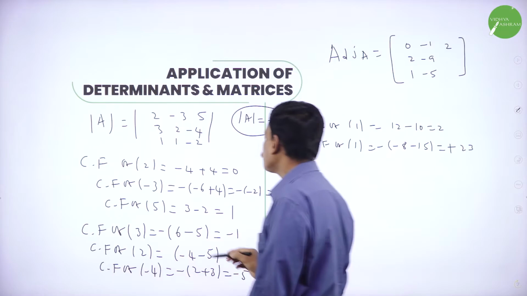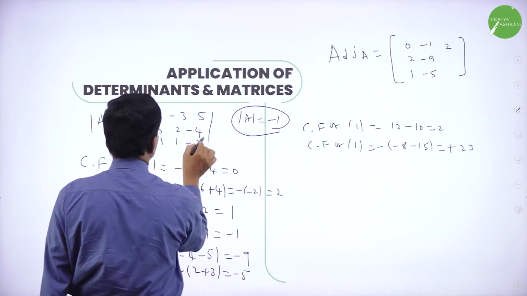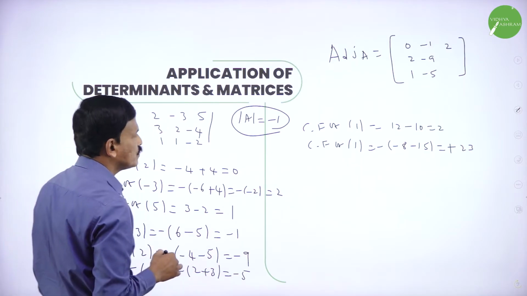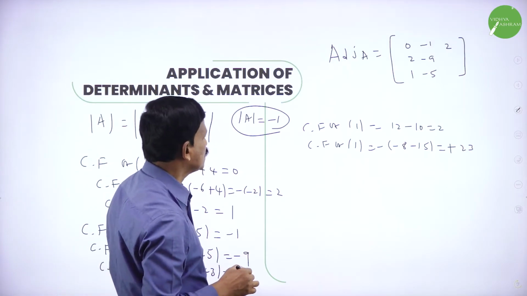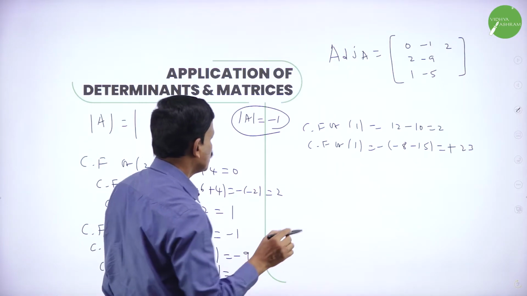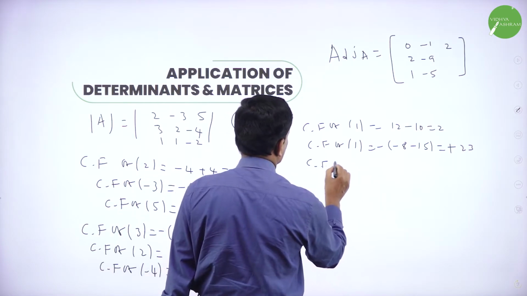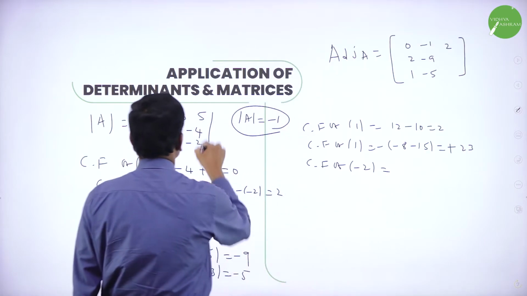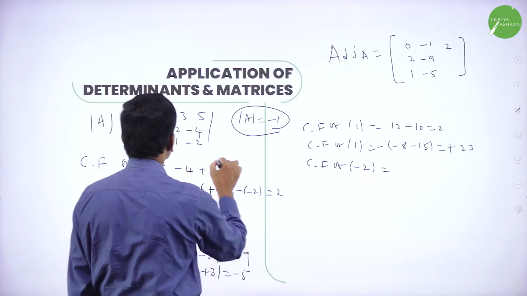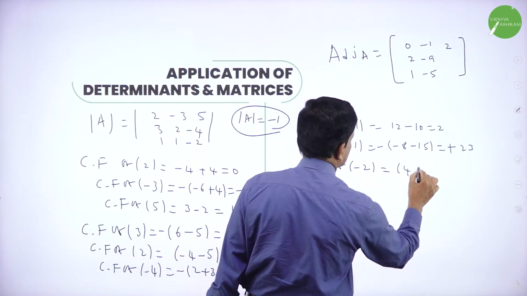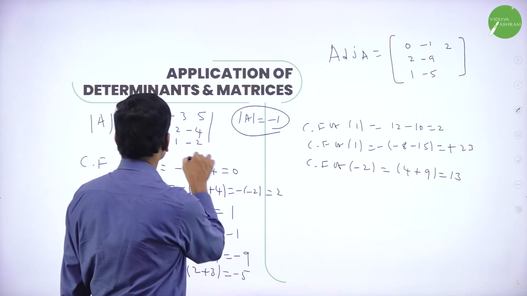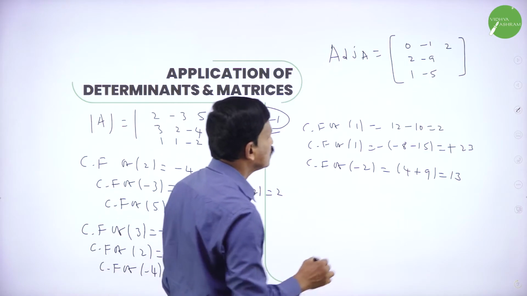Let me check this element. 2 4s are 8 minus 5 3s are 15. 15 and 8, 23, plus 23. Now cofactor of the last element minus 2. This row and column is gone. 2 2s are 4 plus 3 3s are 9, that is equal to 13. So 4 plus 9, 13.